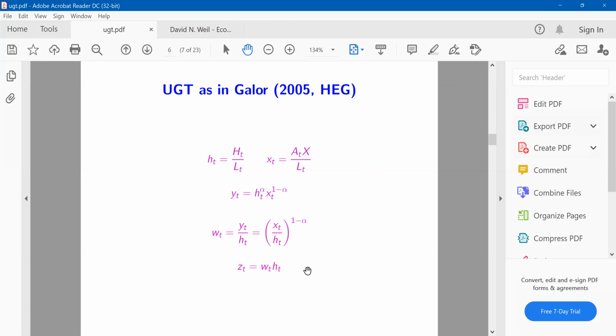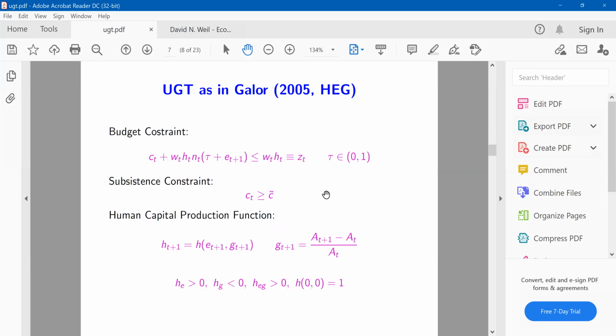And finally, Z is income, right? Because if I supply 1 unit of H, I obtain W units. If I supply H units, I obtain, as an earning, W times H, right? So simple. So this is typical micro theory.